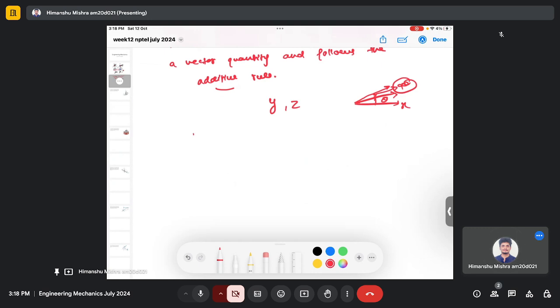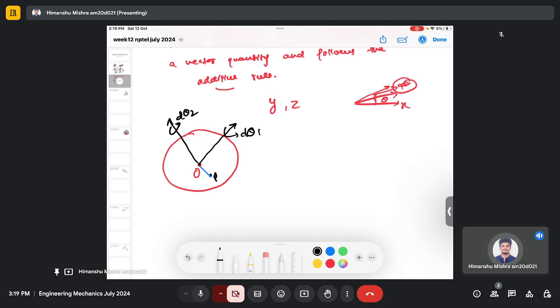For example, let's say I have a body and let's say this is point O. It exhibits one rotation d theta 1, and it also exhibits rotation d theta 2. And there is a point P. Each time you exhibit any rotation d theta 1 or d theta 2, this point P moves.